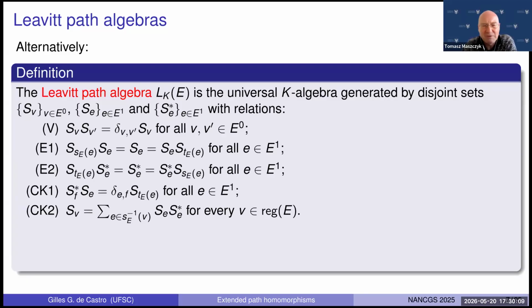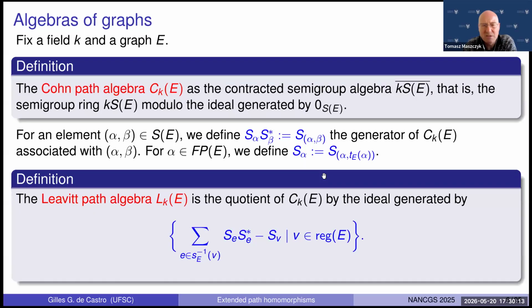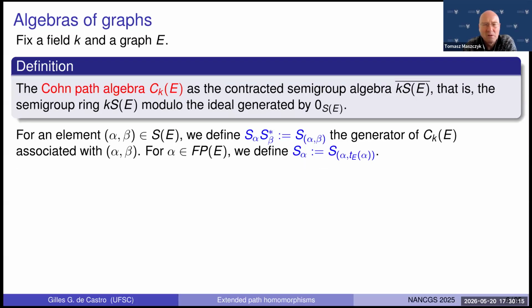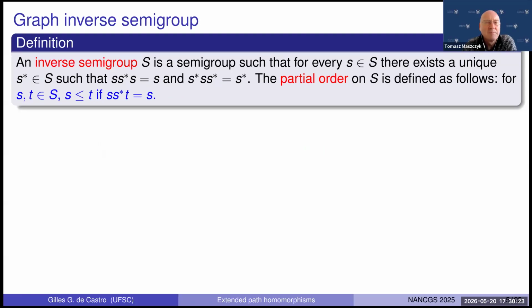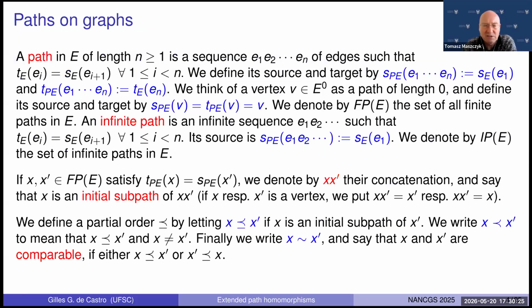I have a question. Could you come back to the definition of your equivalence relation on paths? This one? Yes, it is here. Finally, we write that x is equivalent to x prime.